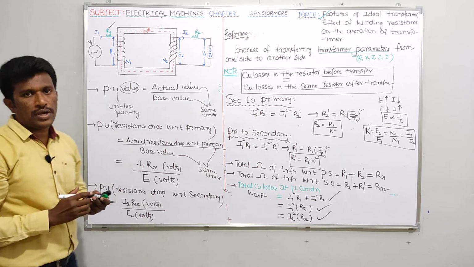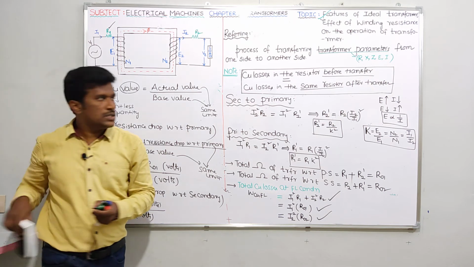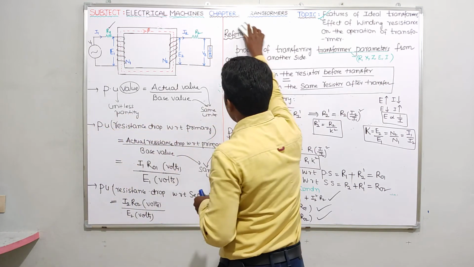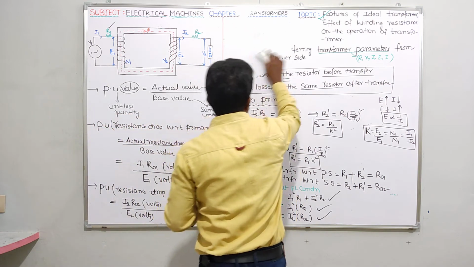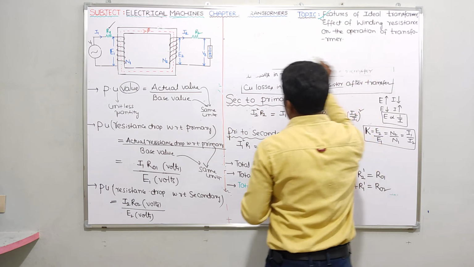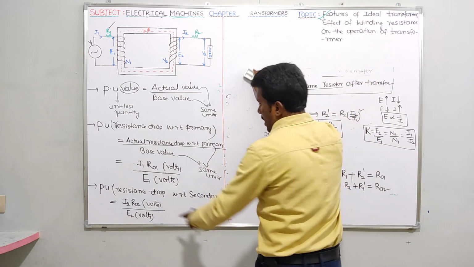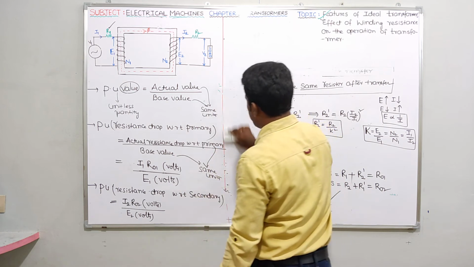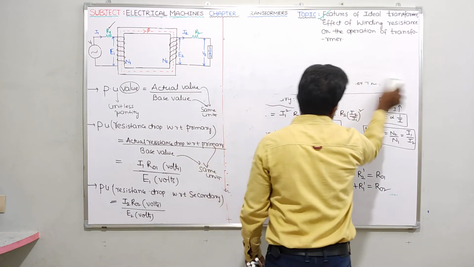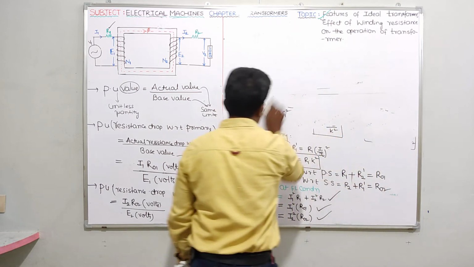Is it clear guys? And one thing is very important. Advantage of per unit system is nothing but, after calculating these values I1 R01 by E1 and I2 R02 by E2, if you observe clearly, those two values will be equal.